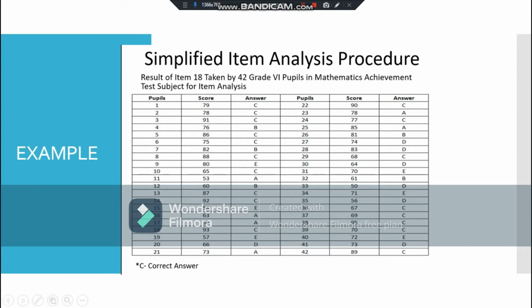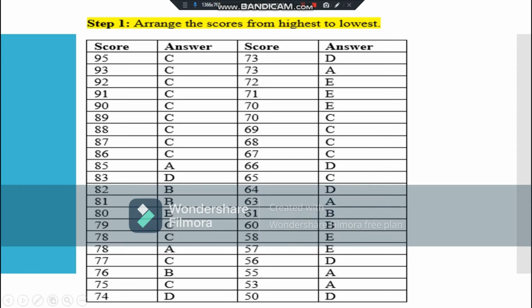Here are the 42 students with their scores and their answers for item number 18. The first step is to arrange the scores from highest to lowest. You start with the highest: a student who got 95 is the highest. Then write their corresponding answers for that particular item.